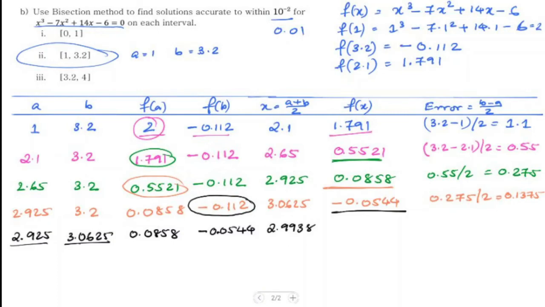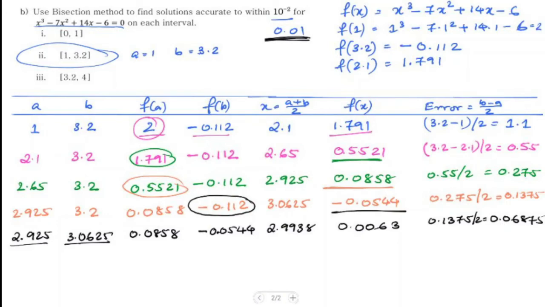And putting that value into the function will give us 0.0063, and the error will be 0.1375 divided by 2, which is equal to 0.06875.